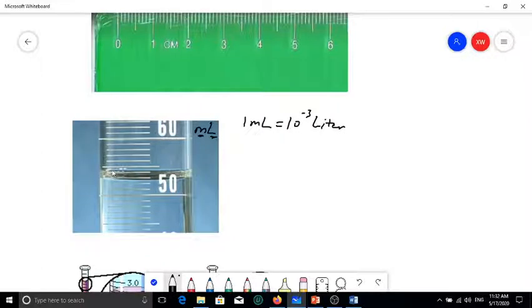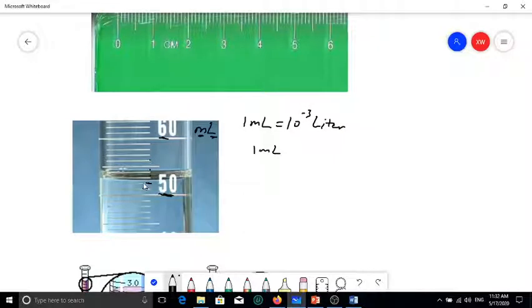But anyway, when you look at the volume of liquid in a graduated cylinder, first of all, you notice that this is the 60 line, this is the 50 line, and you can see there are 1, 2, 3, 4, 5, 6, 7, 8, 9, 10 blocks between 50 and 60. That means each one of these lines represents 1 mL.